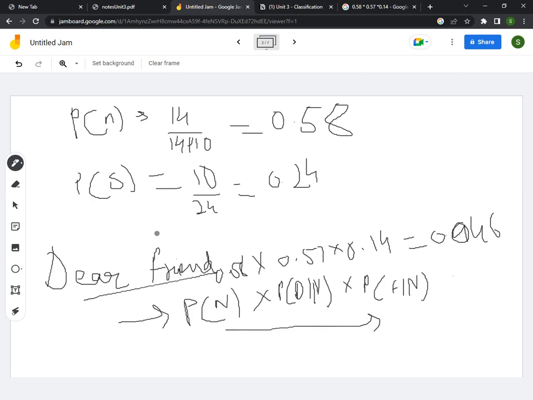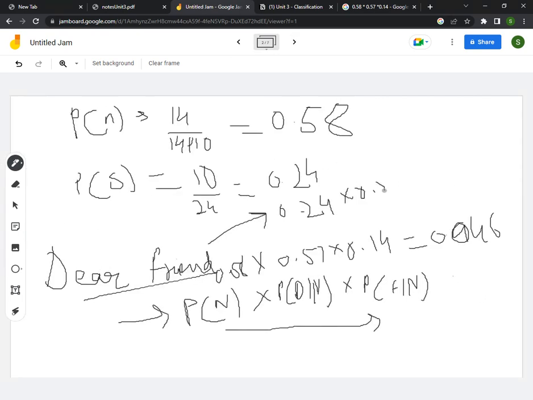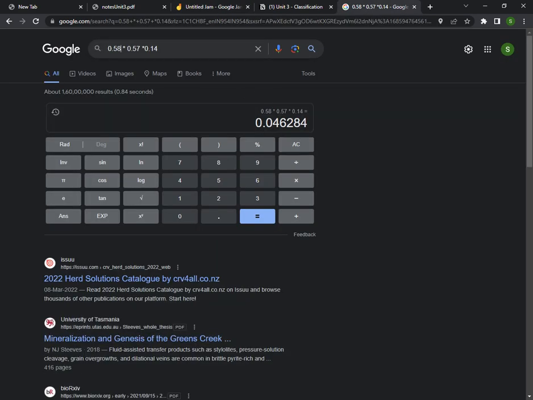Now we will find the probability for a spam email. We multiply 0.24 by 0.3 and then by 0.2. So 0.24 multiplied by 0.3 multiplied by 0.2 gives 0.014.